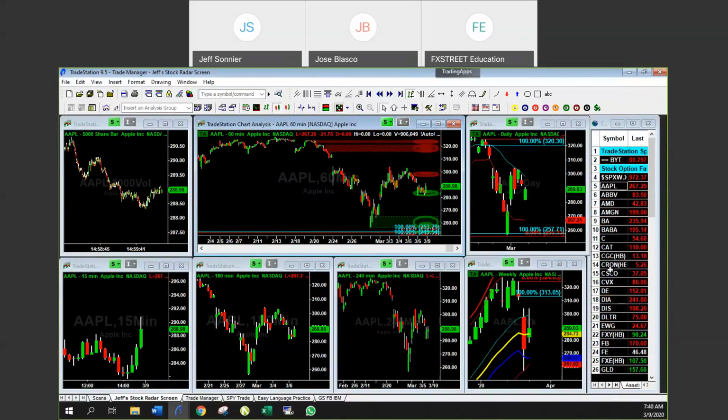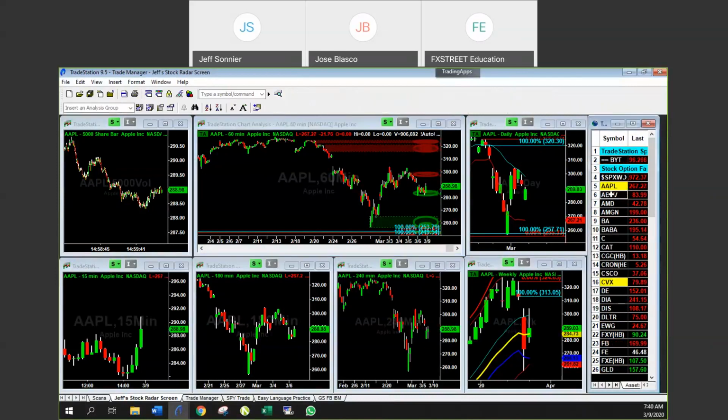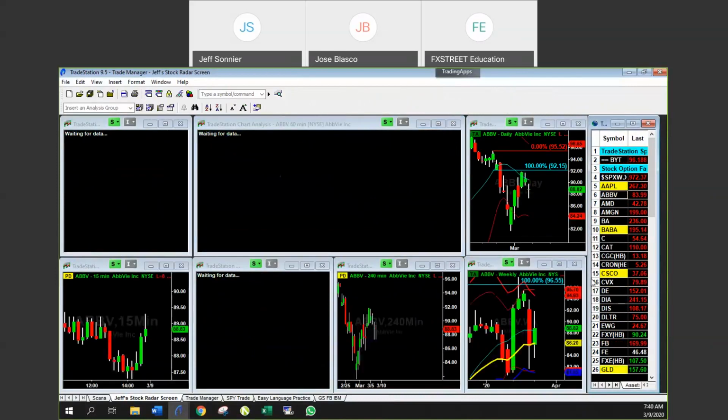Going back to my watch list here, I've categorized all these alphabetically. That's the kind of nerd I am. And these stocks move faster than normal stocks. So if we look at a couple of these, I'd like to see if there's anything that is perhaps close to it.